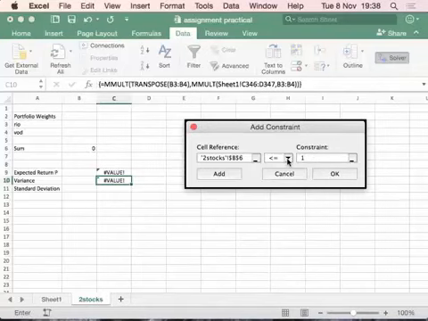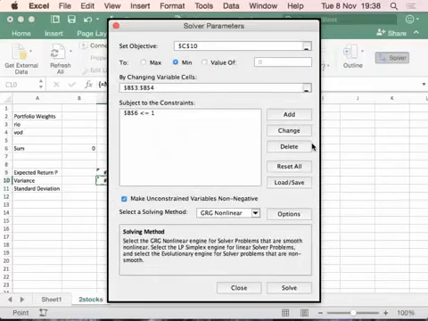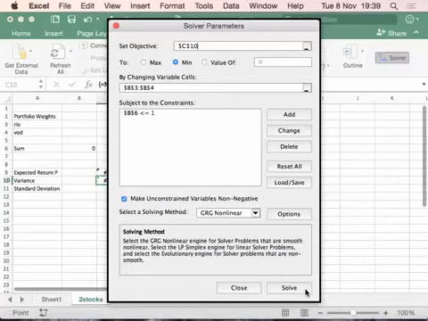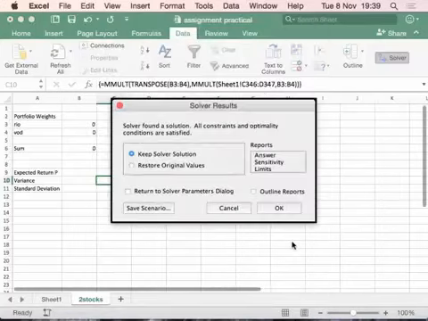It usually goes to the equal anyway. So okay, now that's done. Click solve and see what it does. It just uses brute force, adding different numbers into these two stocks and ends up giving you the best value. So it's done. Keep the solver solution.